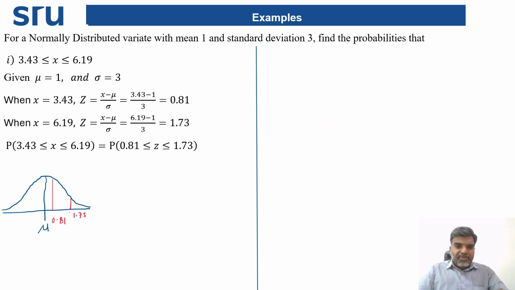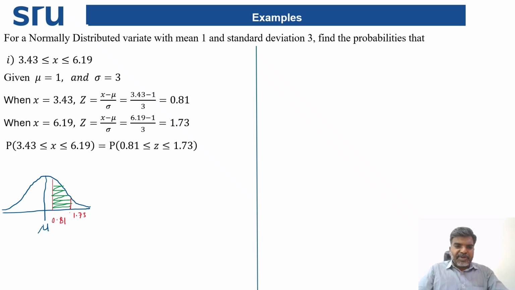Now, probability between 0.81 and 1.73 means we have to consider the area between 0.81 and 1.73. You can see the green line. This is the required area, which gives the required probability. To find this area, we have to use the z table. Now, we will see how to use the z table.